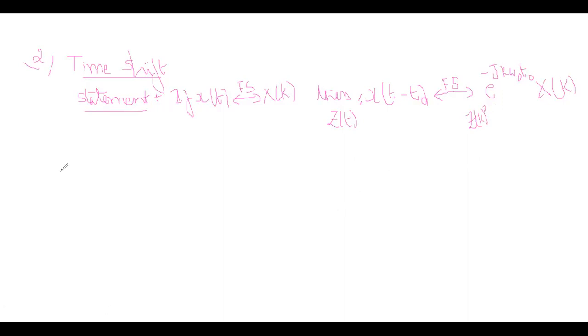Okay. The proof of the time shift property. Coming to the proof, let us take z of k equal to 1 by T the integral over T of z of t e power minus jk omega naught t dt.